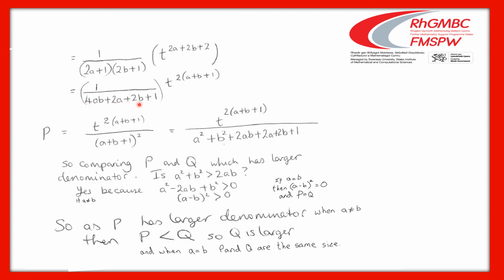And now we need to look at the comparison of p and q. How can we decide which one is larger? Q with a denominator of 4ab plus 2a plus 2b plus 1, or p with this denominator.